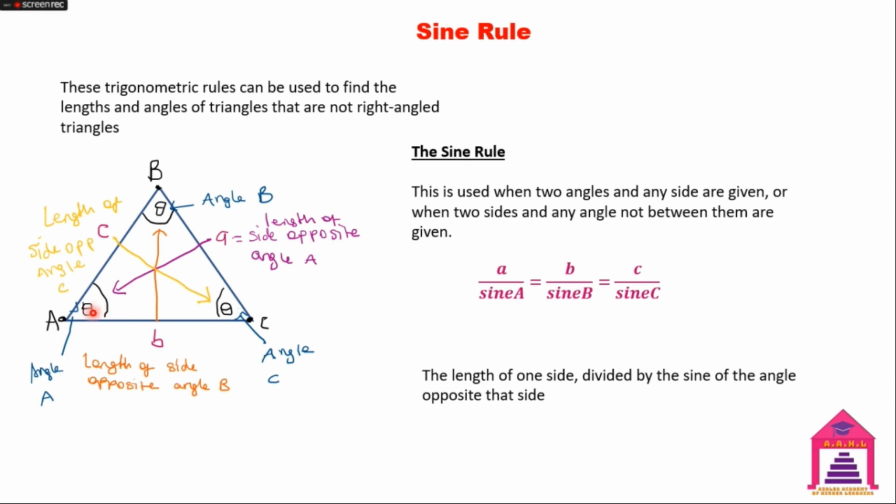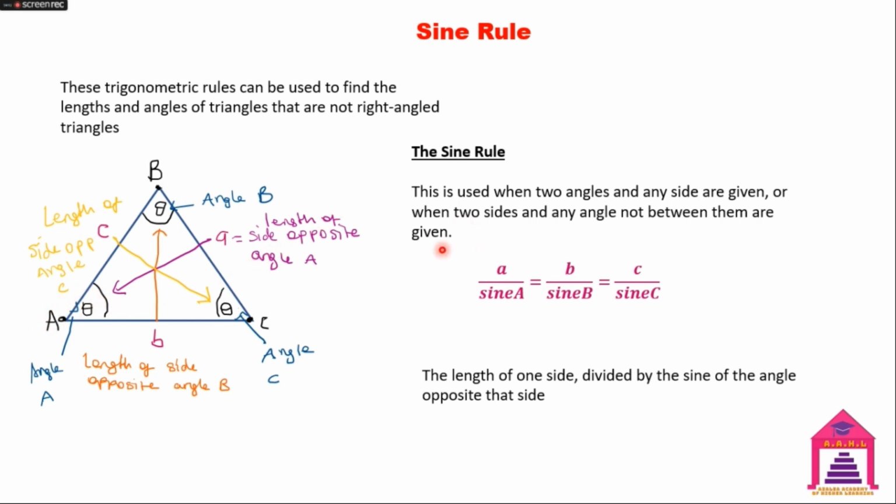So when A is theta, remember A would be the length of the side opposite angle A. C would be the length of the side opposite angle C. And B would be the length of the side opposite angle B. So if the angle is here, this would be B, this would be A and C. If the angle is here, this would still be C. It doesn't matter how you label it. Your labeling is dependent on the angle that you are working with.